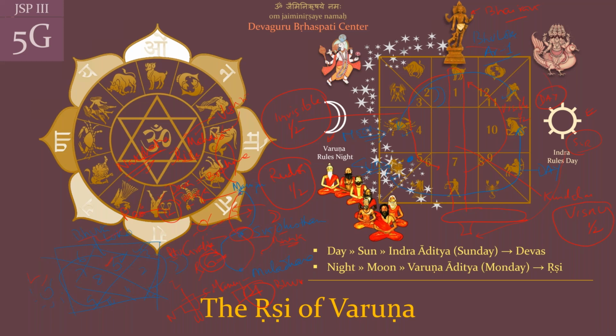Now it is a very interesting thing. We know in Jyotish that the overlord of the Nakshatras is the moon and the overlord of the Rashis is the sun. So by these definitions of Vedic Dharma, the moon is one loka higher than the sun because there is the moon mandala.